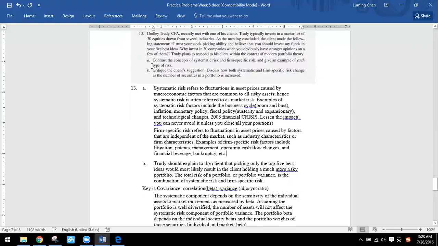B, critique the client's suggestion. Discuss how both systematic and firm-specific risk change as the number of securities in a portfolio is increased. So truly, you should explain to the client that picking only the top 5 best ideas would most likely result in the client holding a much more risky portfolio, because there is benefit of diversification.